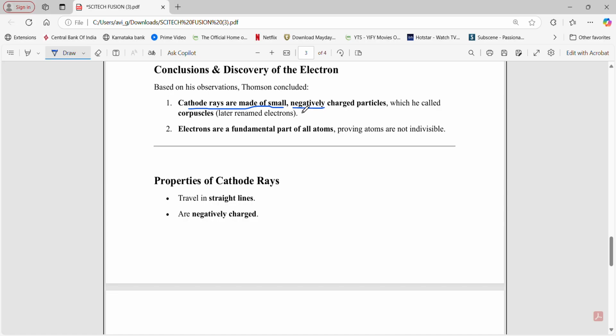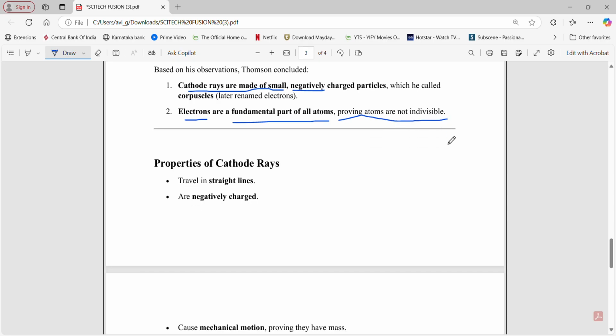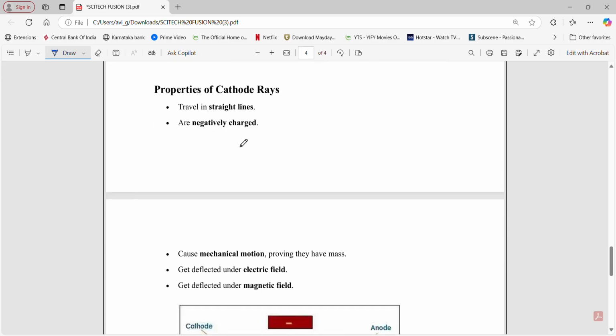He concluded that these were negatively charged particles because they deflected towards the positive plate in the electric field. He also concluded that electrons are a fundamental part of all atoms, proving that atoms were divisible.